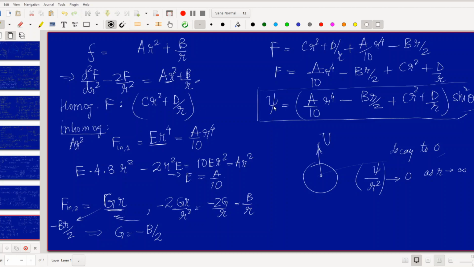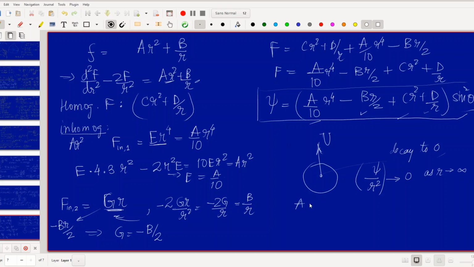Just take this expression for psi, put it in the expressions for ur and u theta above, and you will see that some terms go as 1 upon r raised to something, but this particular term will grow as r square and this particular term will become constant.